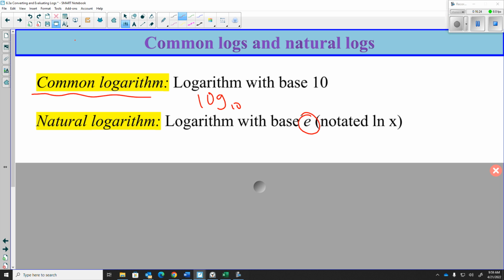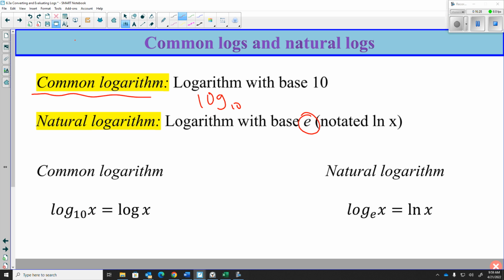Here's what you need to see. The common log is log base 10. Mathematicians are all about not writing as much as we need to. We're all about abbreviating stuff. So log base 10 comes up a lot. From here on out, we're going to write log with a base of 10 just as log with no base.